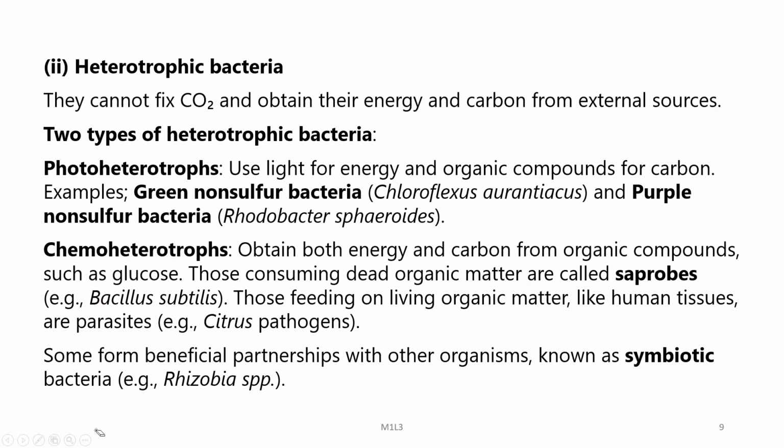Those consuming dead organic matter are called saprobes, for example, Bacillus subtilis, and those feeding on living organic matter like human tissues are parasites, for example, citrus pathogens. Some form beneficial partnerships with other organisms, and this kind of relationship is known as symbiosis. An example of symbiotic bacteria here is the Rhizobia species.